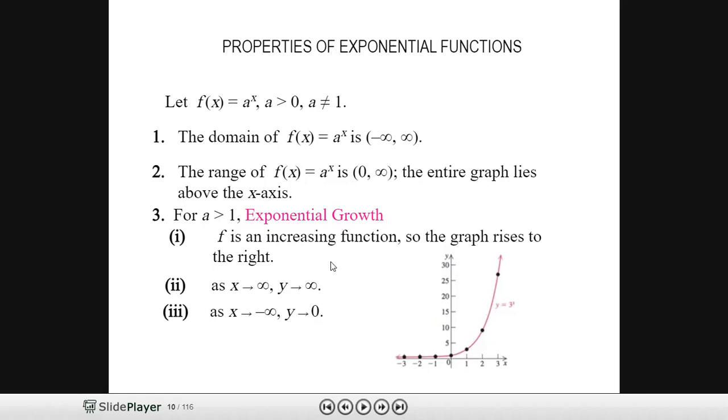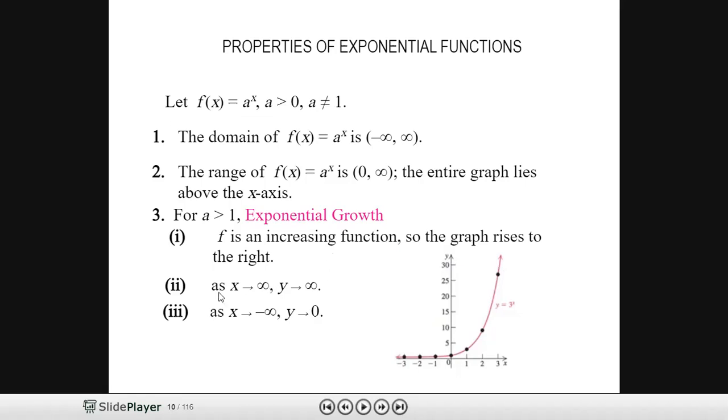Sometimes I have seen a lot of examples on the Delta Math site, where there were functions and they are asking about their trends, whether these are increasing or decreasing functions. So from here, if you can guess that it's an exponential function, then you must say that it is increasing to the right.